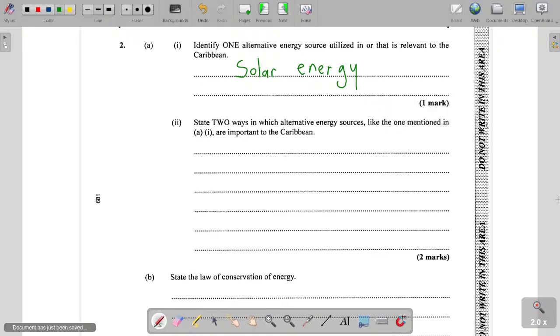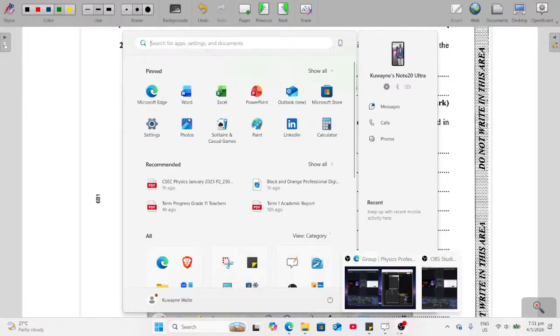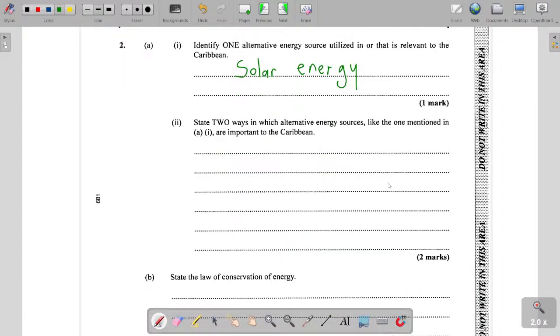Next question says that we should state two ways in which alternative energy sources like the one mentioned in the question above can be important to the Caribbean. So one of the first things about solar energy is that it reduces our dependency on fossil fuels.